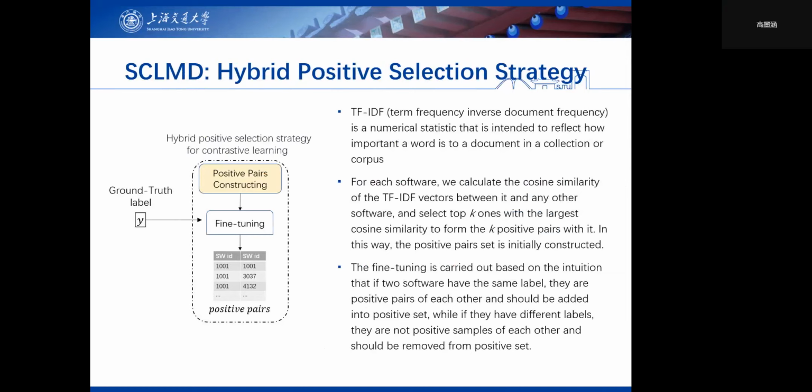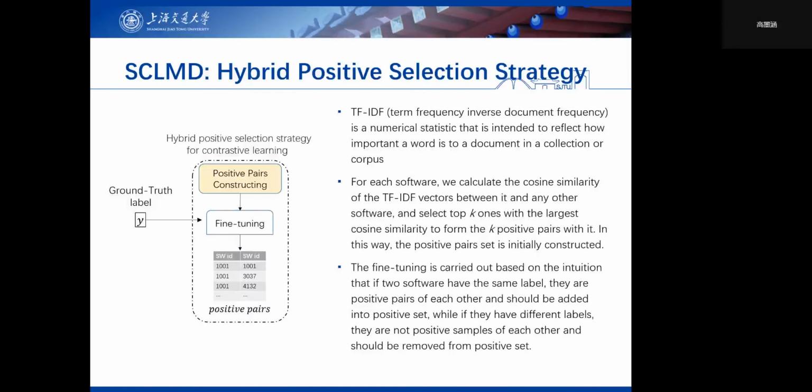In order to make the extracted consistent feature better for malware detection, a hybrid positive selection strategy for contrastive learning is proposed to construct the set of positive pairs. It is based on the TF-IDF similarity and the provided limited supervised information. TF-IDF is short for term frequency inverse document frequency.